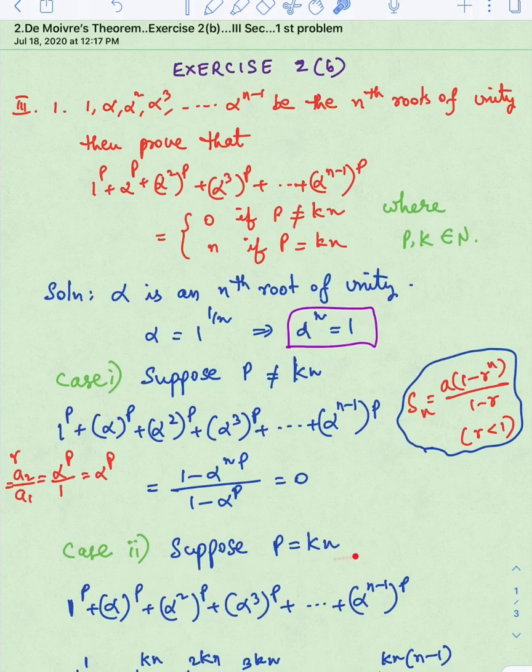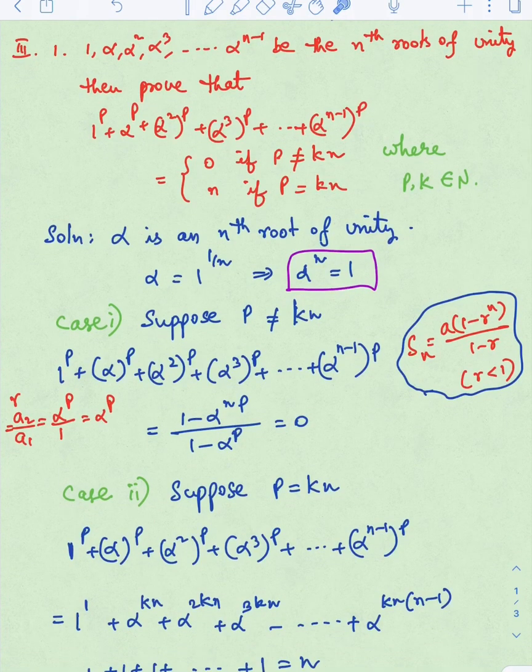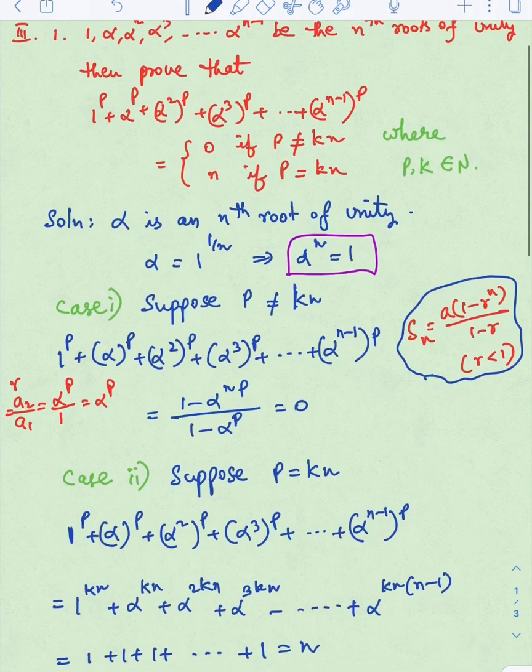And how did this n come? Take the second case. Suppose p is equal to kn. Then wherever p is in this LHS, put kn in it. I am writing kn in place of p, so that I got this result. Here it is 1 power kn, of course.